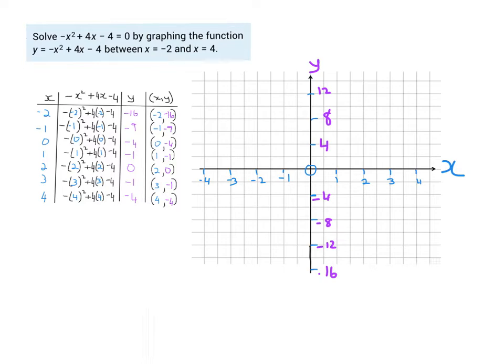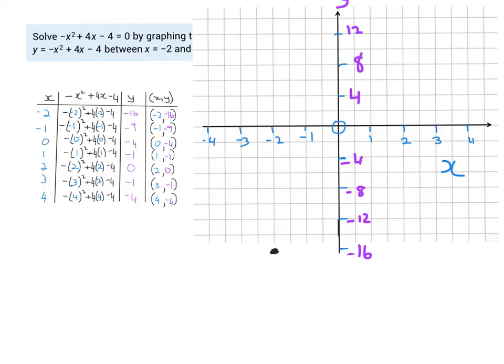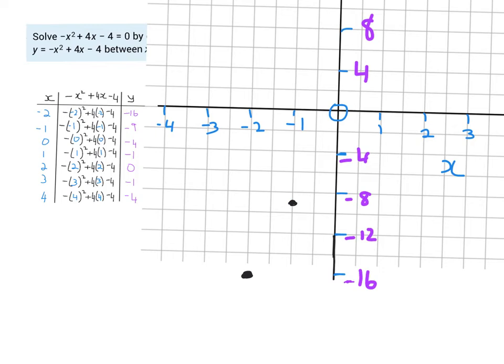So here I have minus 2, comma, minus 16. Minus 1 on the x-axis, comma, minus 9, so here's minus 1. This point here would be minus 10, so minus 9 will be halfway between those. Next we have 0 on the x-axis, minus 4 on the y-axis, so we're just going to plot that here. Next again we've got 1, comma, minus 1, so here's 1 on the x-axis, and here will be minus 2, so minus 1 will be somewhere in here.